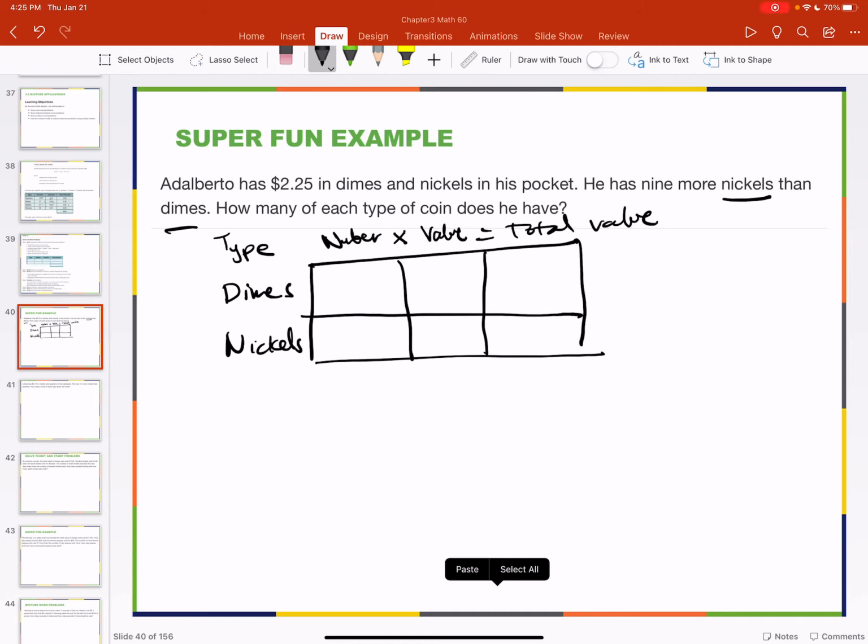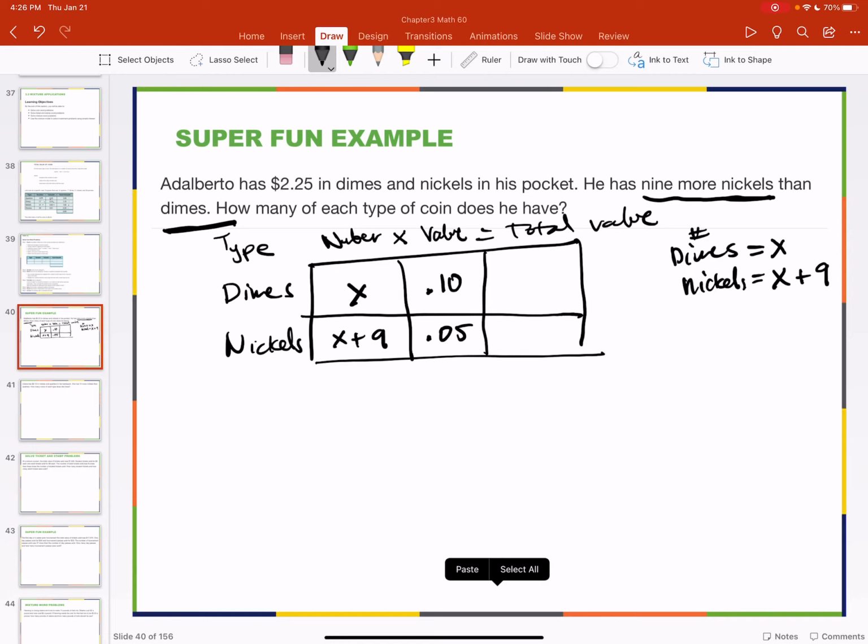He has 9 more nickels than dimes. So we let the number of dimes be x, and then the number of nickels would be 9 more, so x plus 9. The value of a dime is 10 cents, and a nickel is 0.05.